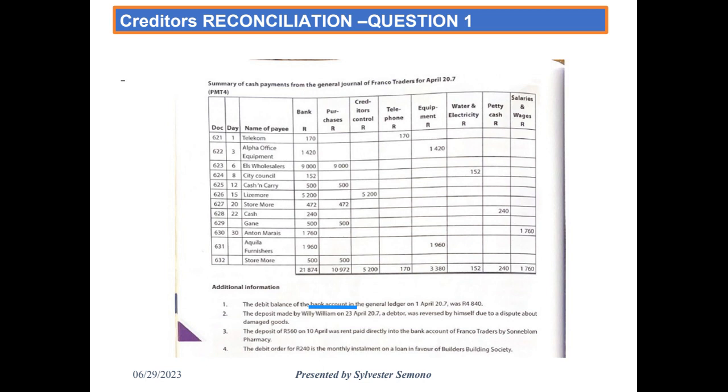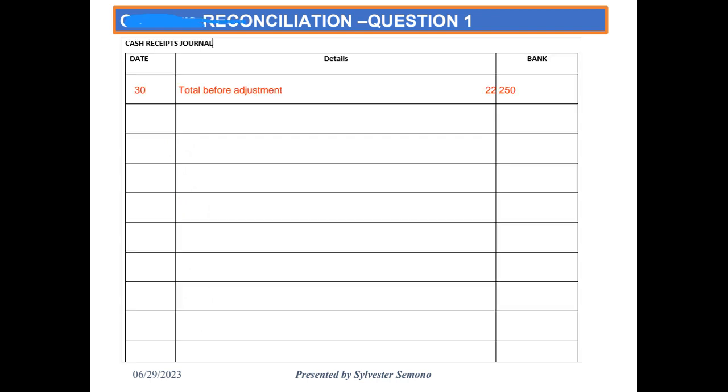So where do you think we are going to record it? In the receipts. So we must go to the receipts and you can just write rent income. How much? 560.